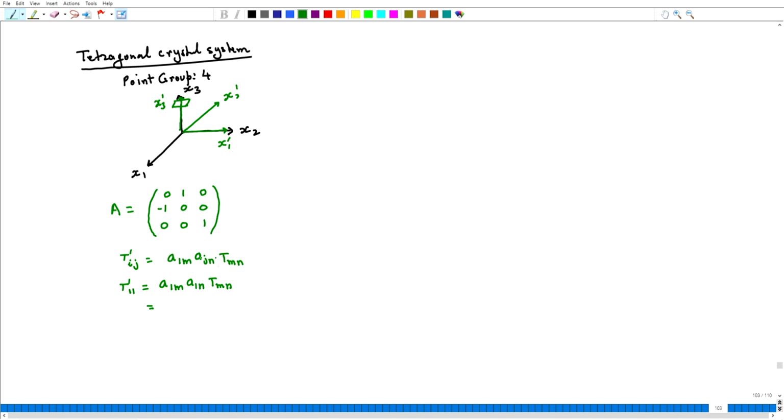The only non-zero term is going to be a12, which is plus 1, a12, t22, and clearly a12, a12 are plus 1, hence T prime 11 would simply be t22.